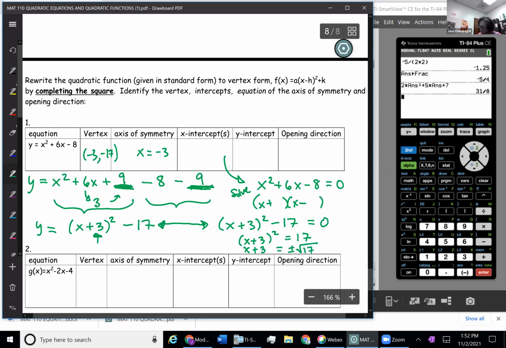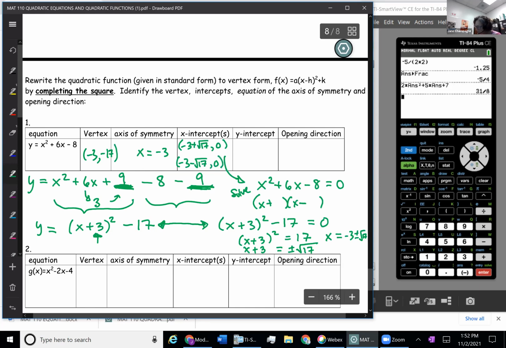Plus or minus the square root of both sides, and then subtract 3 from both sides to give you negative 3 plus or minus root 17. So the x-intercepts are actually the points, negative 3 plus root 17, comma 0, because y is 0, or negative 3 minus root 17, comma 0.